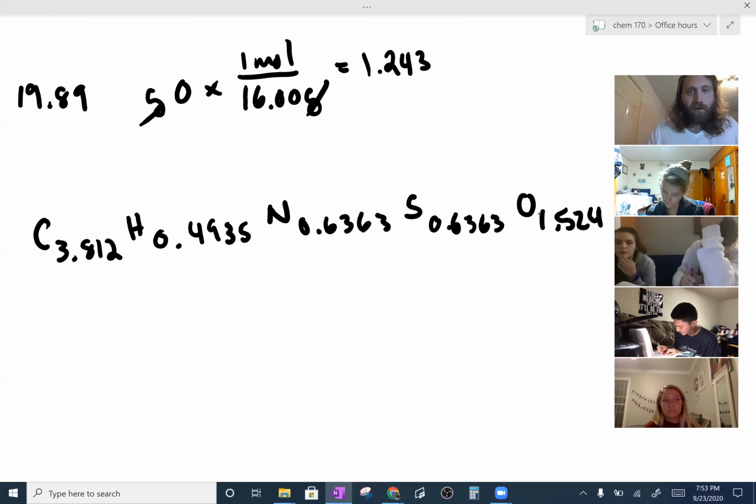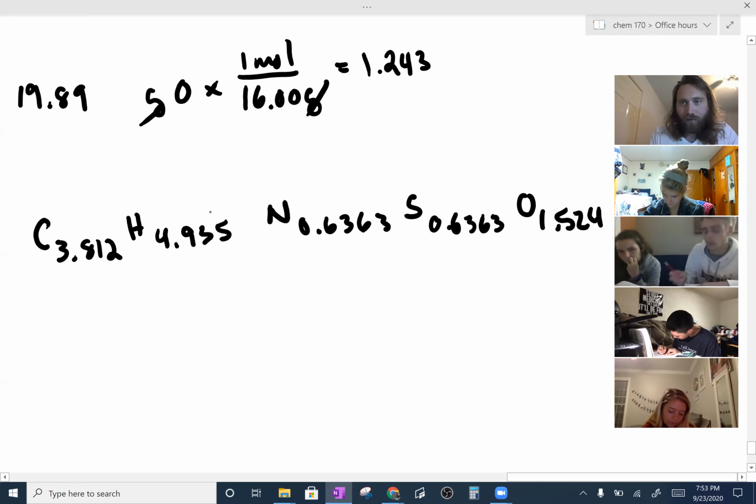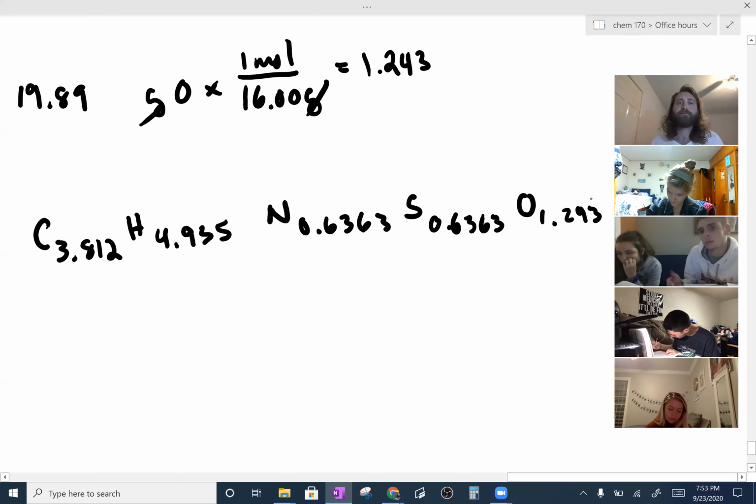Okay, so carbon doesn't change, hydrogen does change. That would be 4.935%. And then oxygen also changes. This is 1.243 moles.